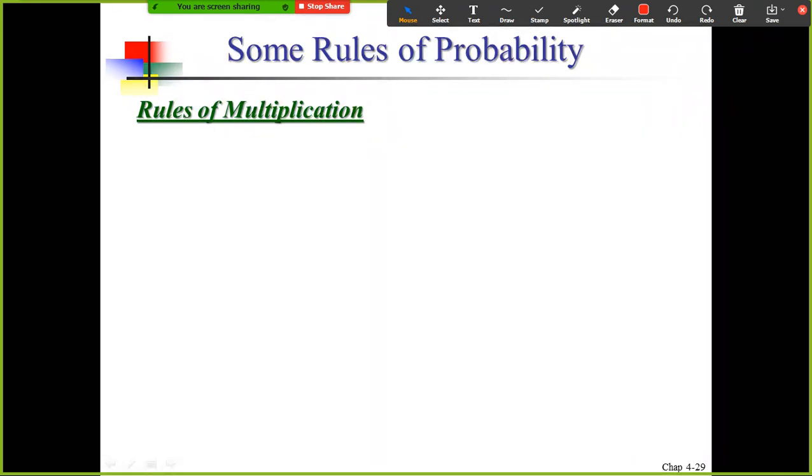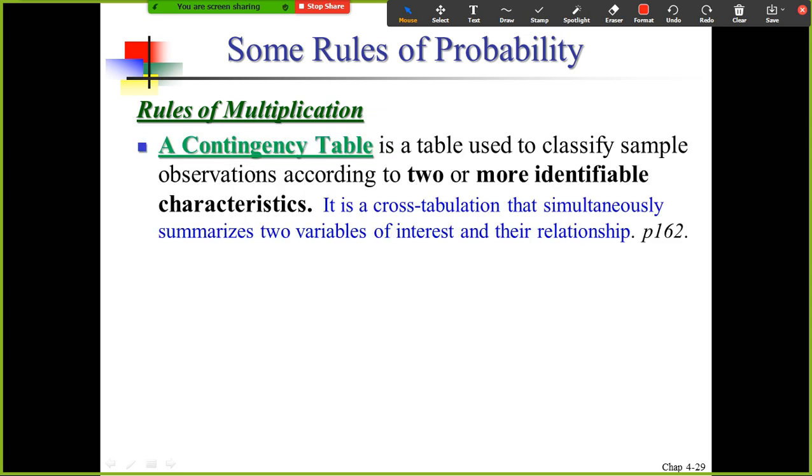Okay, we continue with our rule of multiplication. In order to use the rule of multiplication, especially the general rule of multiplication, sometimes we can use table data to study the probabilities of something. The table data that gives us the data for study we call a contingency table.